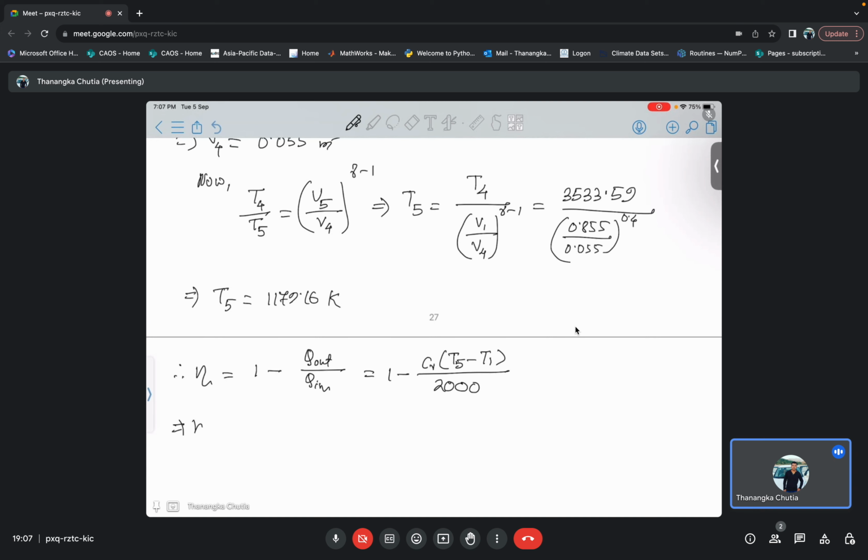So this will be 1 minus 0.718 times (1179.16 minus 298) divided by 2000. Okay, so you will get this as 68.36%. So when you change the heat addition in constant volume, the efficiency is also changed.